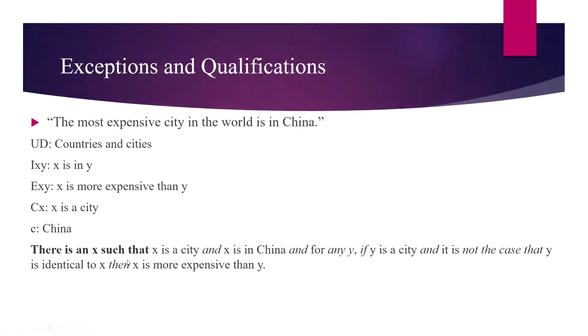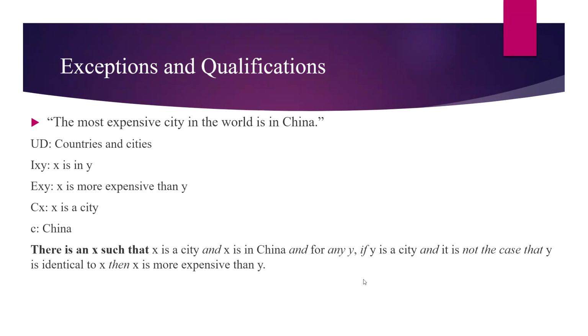There is an X such that X is a city, because we're saying it's the most expensive city, and X is in China, exactly as we did with definite descriptions. And now we need to say it's more expensive than any other city. So for any Y, if Y is a city and it's not the case that Y is identical to X, then X is more expensive than Y. And "it's not the case that Y is identical to X" is important here, right?